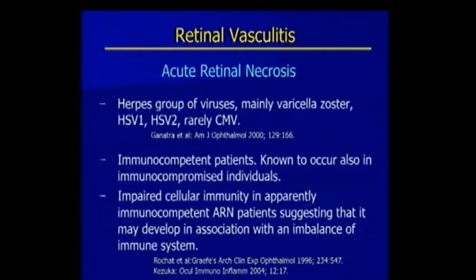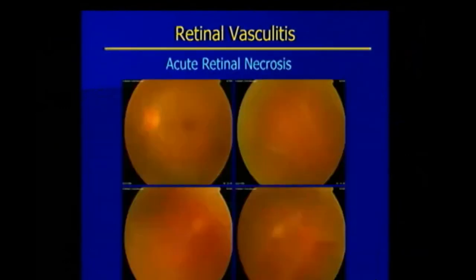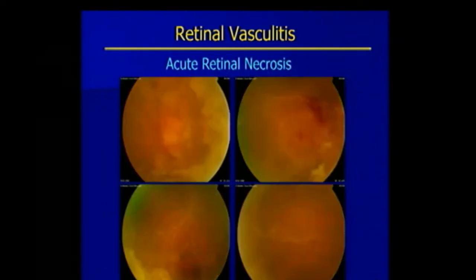Acute retinal necrosis is caused by the herpes group of viruses. It's a disease of immunocompetent individuals, but it can happen in immunocompromised individuals. It's one of the emergencies in uveitis. The patients can have vasculitis in the arterioles and peripheral necrotizing retinitis, which is confluent.